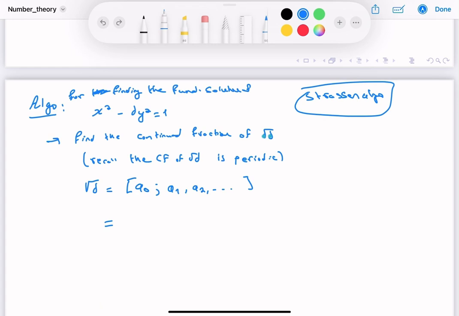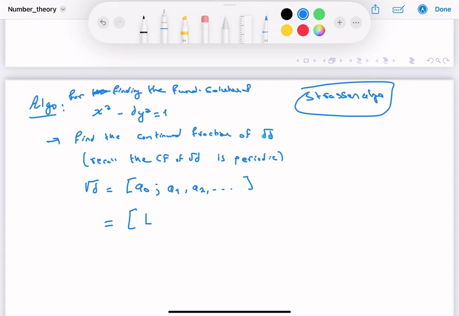Since it's periodic, remember that when we find the continued fraction of an irrational number, we start by taking the floor of it.